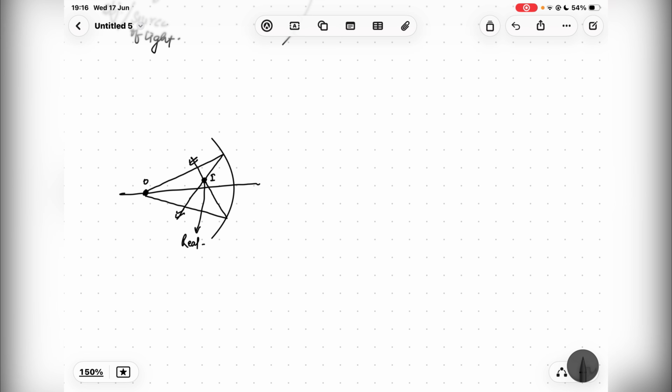Now let's take a convex mirror. Similarly, let's take a point object. It will give off a ray, it will give off a ray, and the rays will get diverged. But we see that these reflected rays have no way to intersect each other.